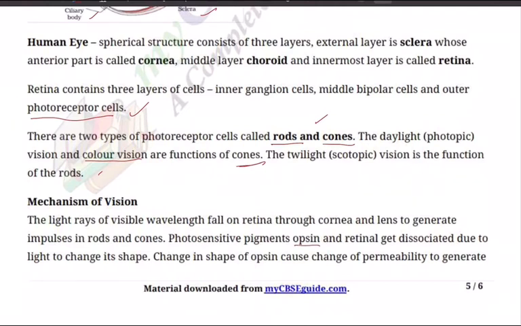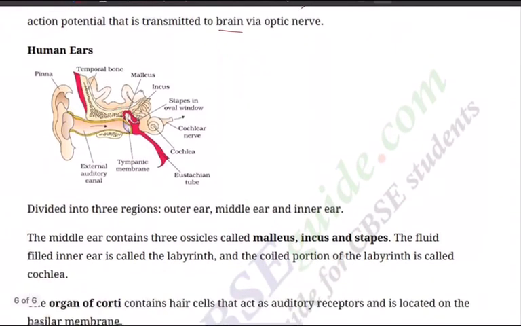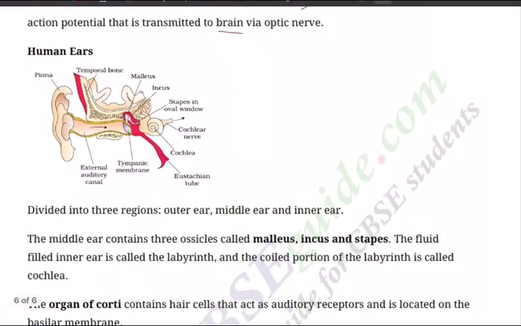The photosensitive pigments opsin and retinal get dissociated due to light to change shape. Change in shape of opsin causes a change of permeability to generate an action potential that is transmitted to the brain via the optic nerve.